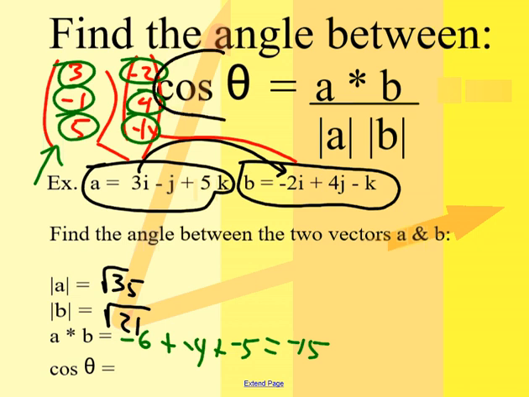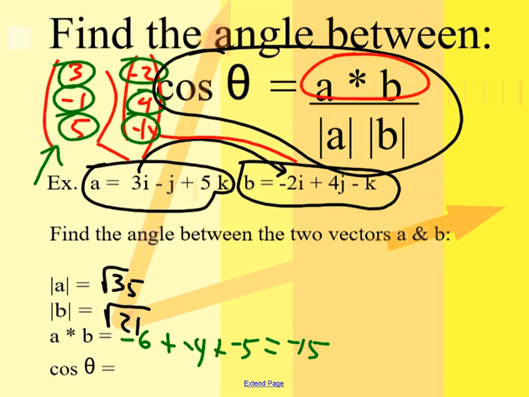This is the same formula as you saw before, but those magnitudes have been moved to the right side. Why did they do that? Because we have the dot product, and we have the magnitude and the other magnitude, so we put all of that on one side, and it'll make a nice little decimal. Then, how do you fix this so you get theta alone? You undo cosine by doing what?